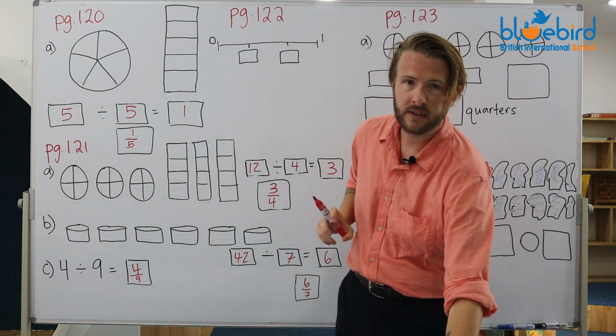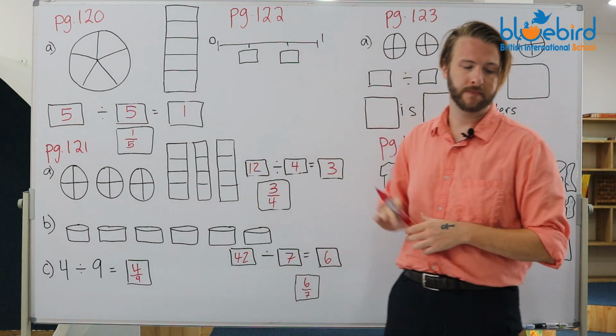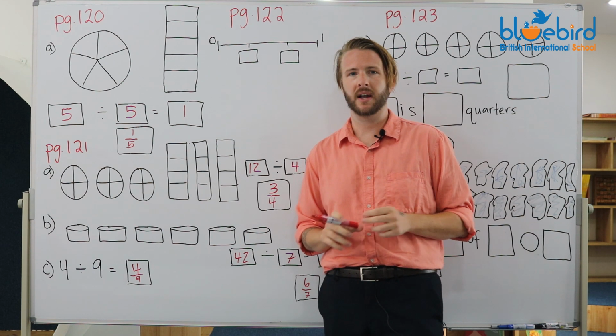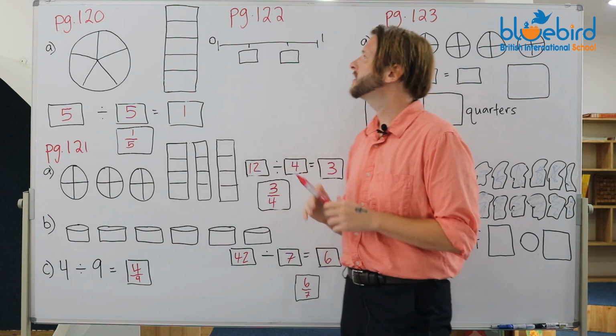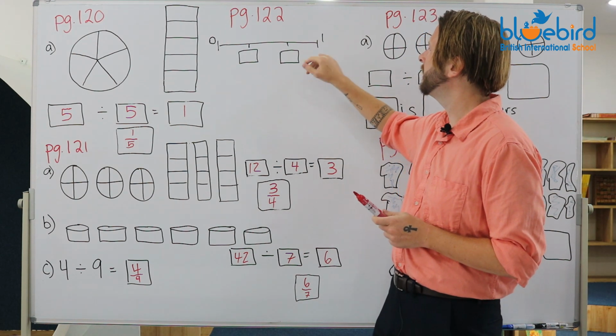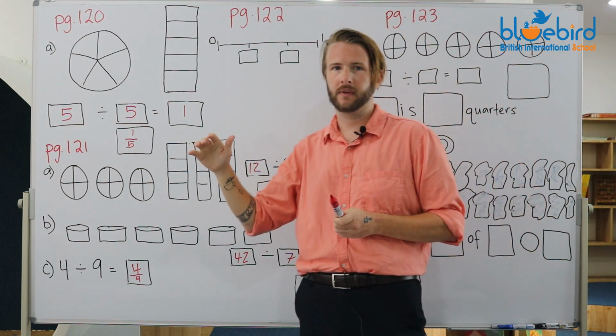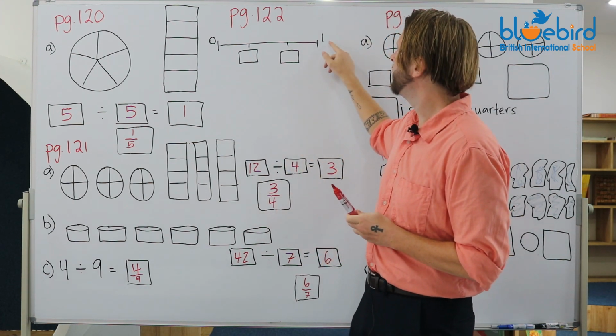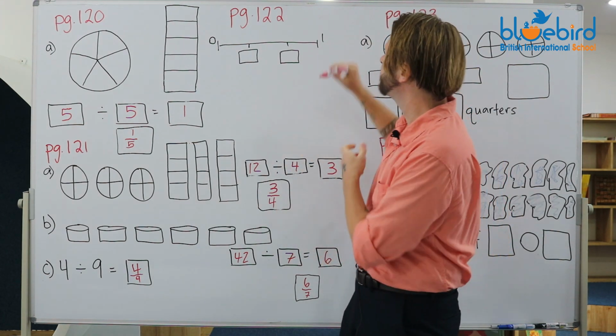Let's go on to page 122. Filling in the blanks on a number line. Now the first thing we have to look at is how many blanks we have. Then what we want to do is imagine there's a blank here.